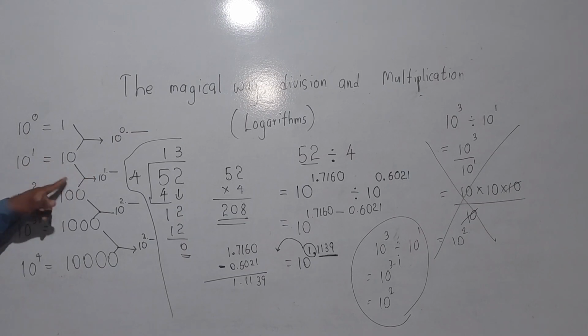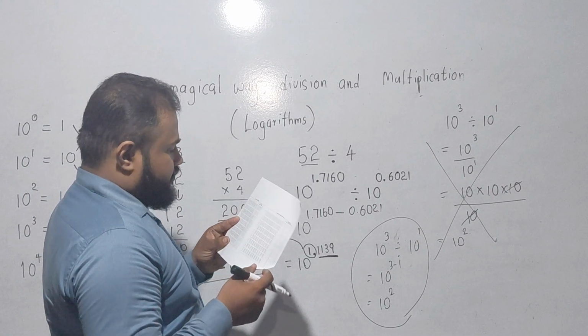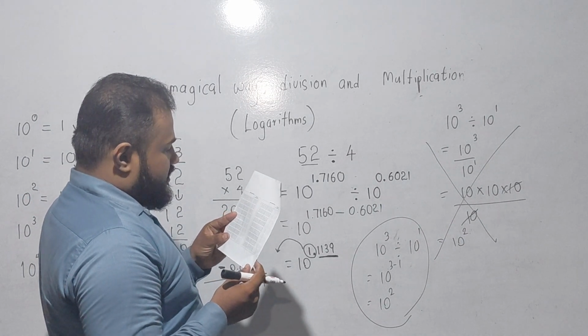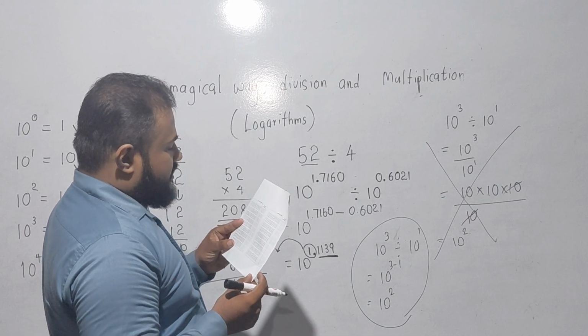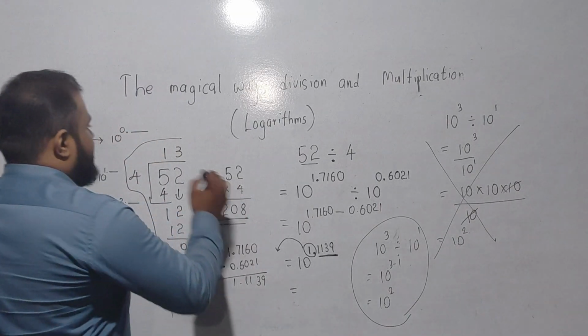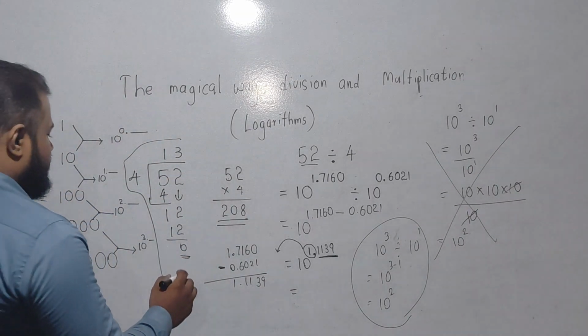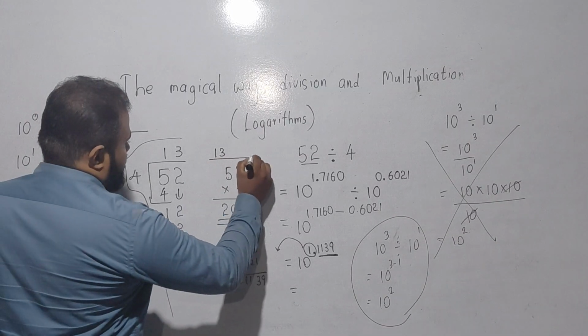Greater than 10 and less than 100. So let's find where this 1139 value is. 1139 is in 13.0. In the log table, it's in 13.0.